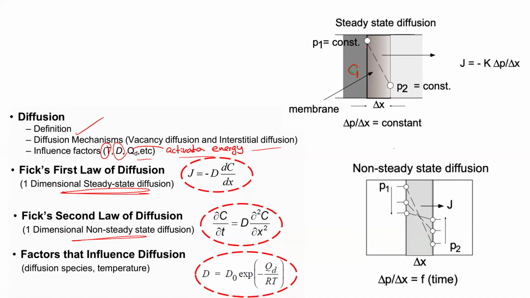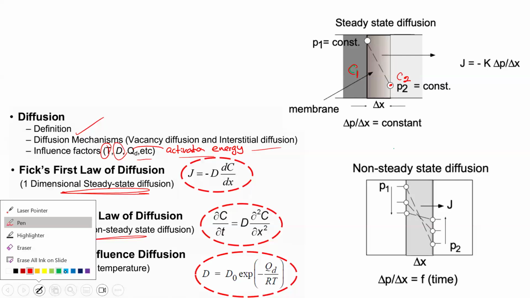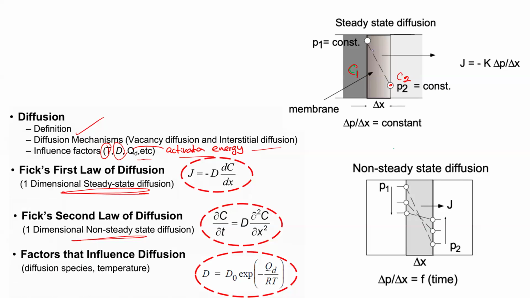So nitrogen can diffuse to another material, and here maybe the concentration is C2. Steady state means the concentration at a certain point, for example the concentration of nitrogen at this point, will be constant. It doesn't depend on the time.